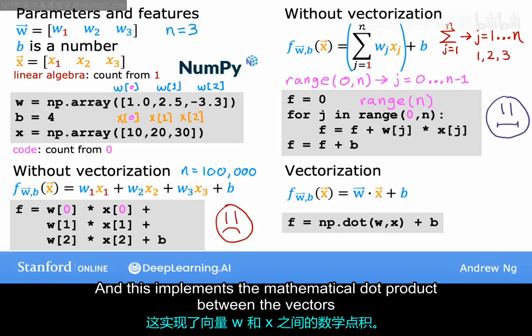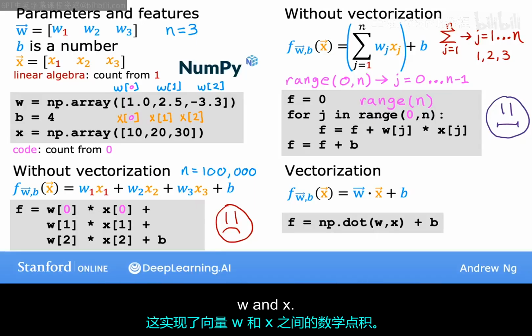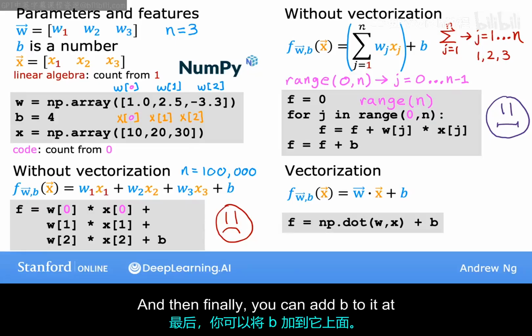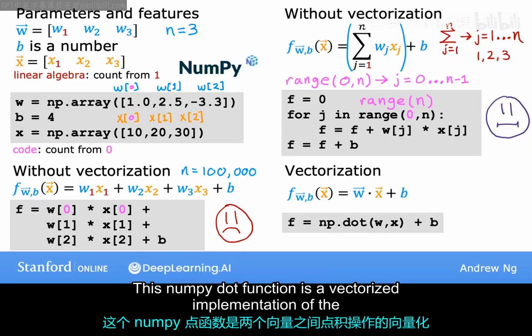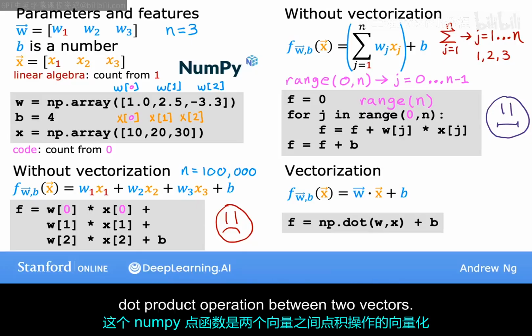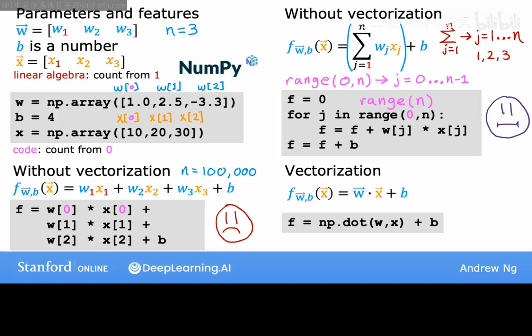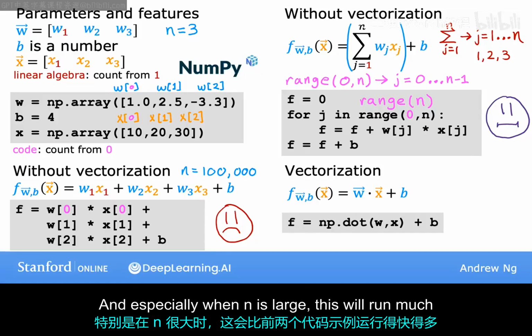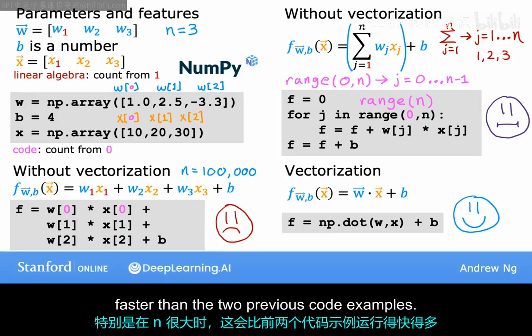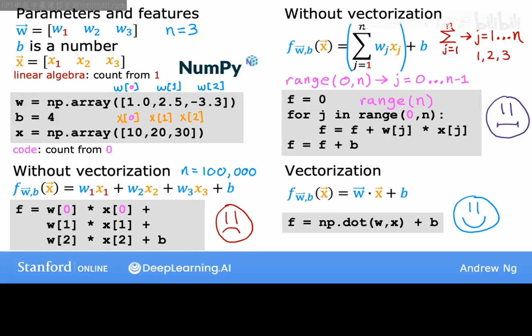And this implements the mathematical dot product between the vectors w and x. And then finally, you can add b to it at the end. This NumPy dot function is a vectorized implementation of the dot product operation between two vectors. And especially when n is large, this will run much faster than the two previous code examples.